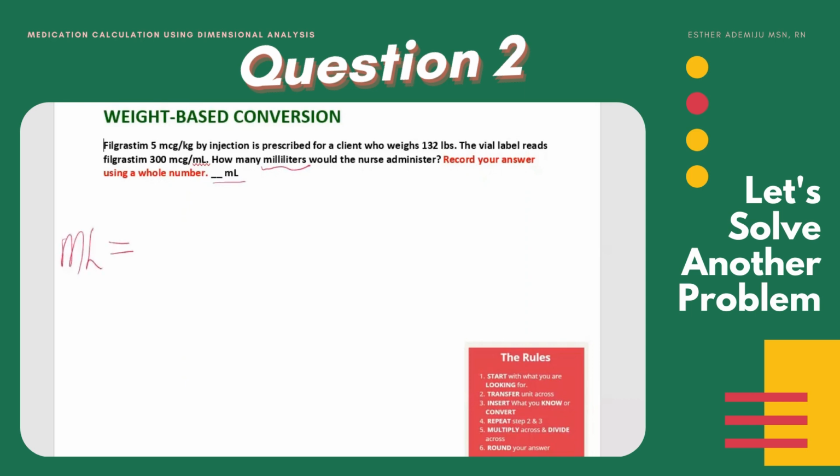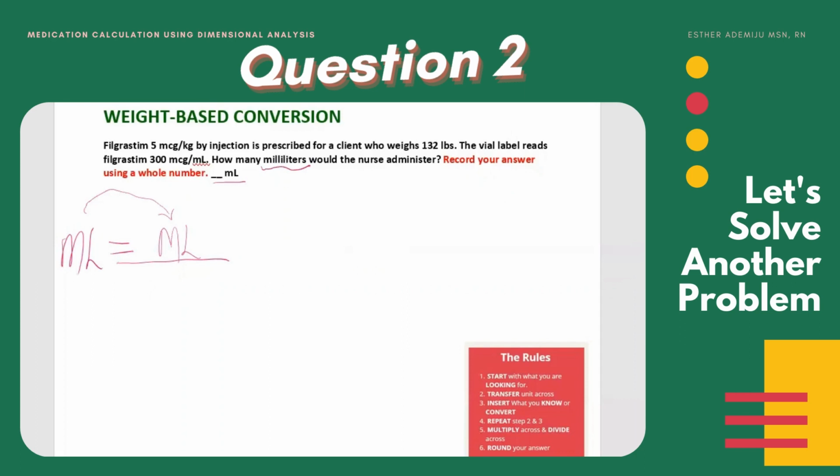The next step in our rule says transfer the units across. So once again, we're going to transfer the units across to this side, milliliters. And the next rule says insert what you know or convert. We need to look at our question. Do we know anything that has milliliters behind it? Yes, we do.